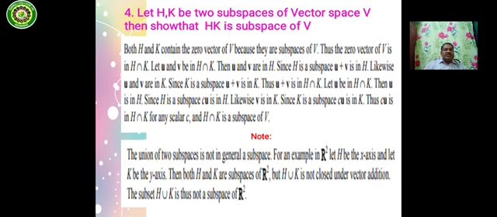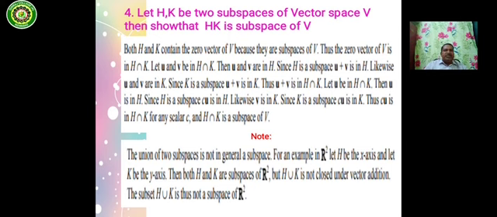First, 0 bar belongs to H and 0 bar belongs to K. The intersection is the set of all common elements between two sets. Both H and K contain the 0 vector of V because they are subspaces of V. So the 0 vector of V is in H intersection K also, meaning the first condition is satisfied.